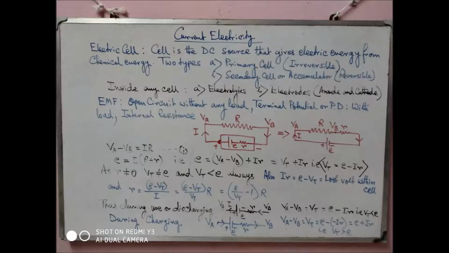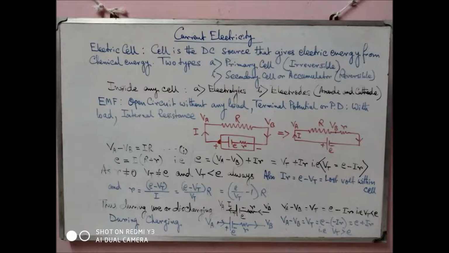Open circuit means no external load is connected to the cell, that is, the cell is not connected to any circuit. Just open, clear? So current is not flowing to the external circuit from the cell. So it is open circuit, it is EMF.